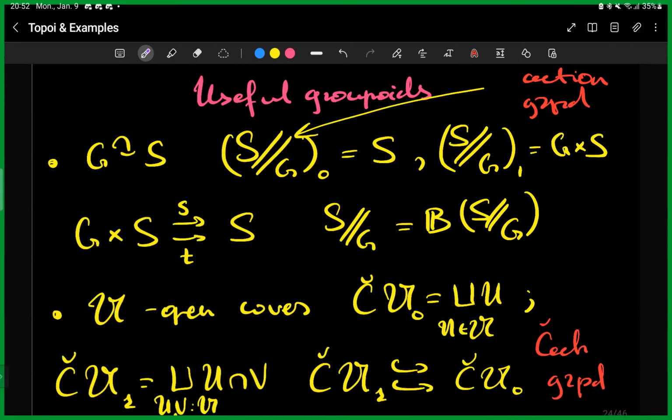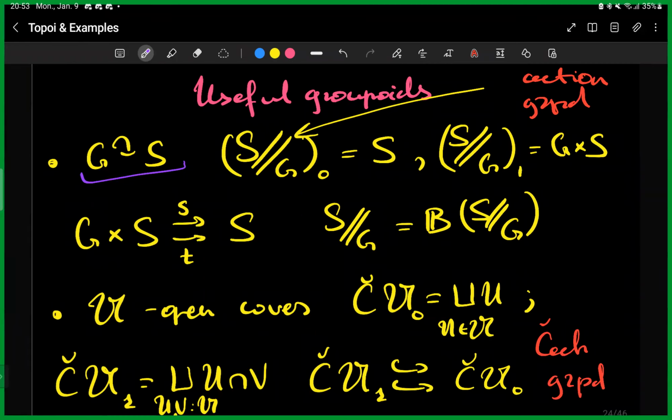So first of all, let's consider a few useful examples of groupoids. Assume that we have an action of a group on a set, or more generally, an action of a group object in some category on another object in this category.